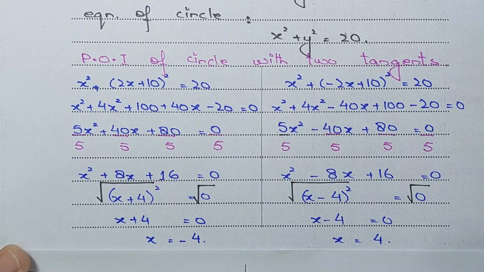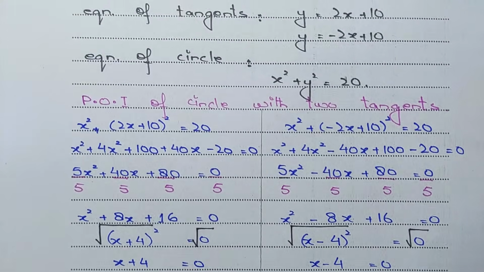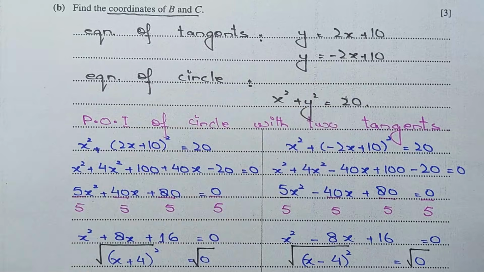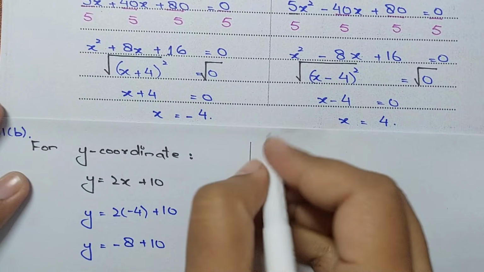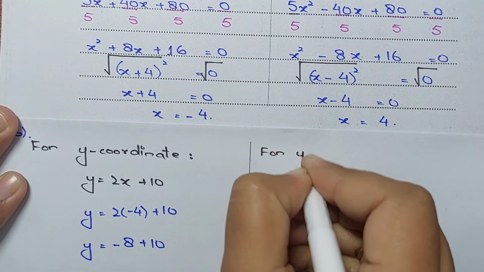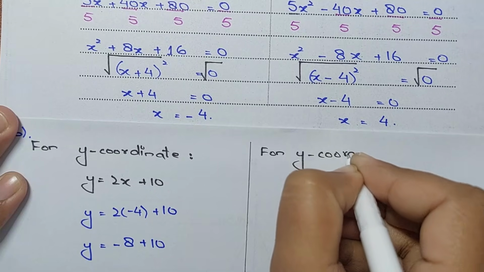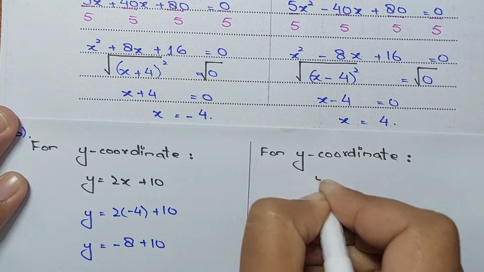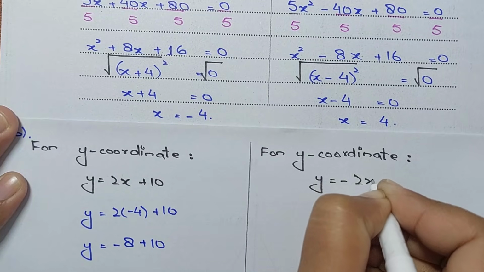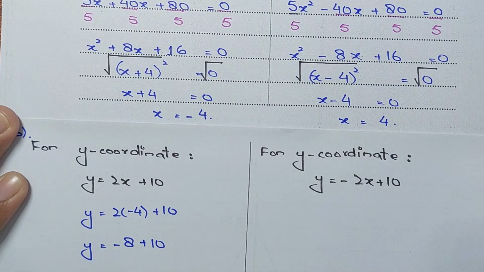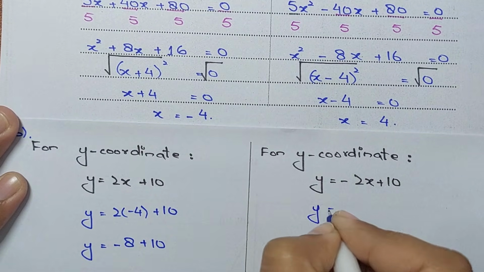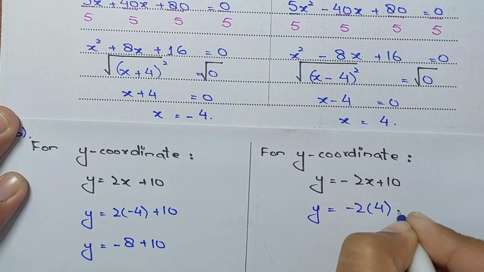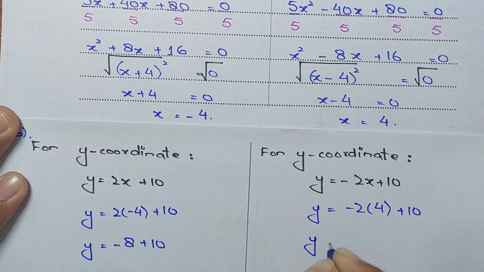Now we have the x coordinate. To get the y coordinate, you have to plug the x value into this equation of tangent, right? So for the y coordinate, put x into y equals minus 2x plus 10. The y coordinate is negative 2 into 4 plus 10. 4 times 2 is 8, minus 8 plus 10, and the y coordinate is 2.